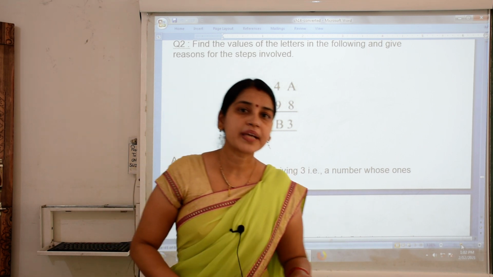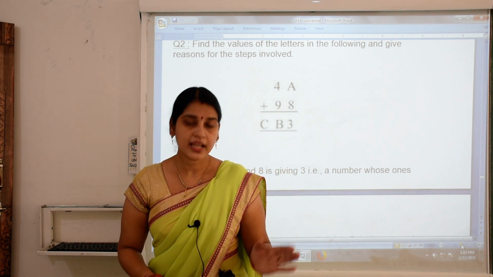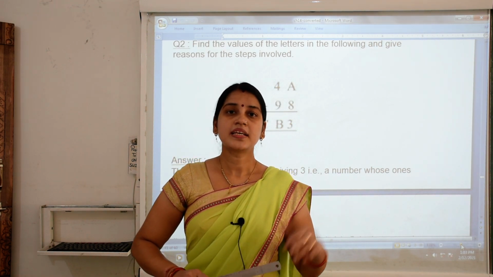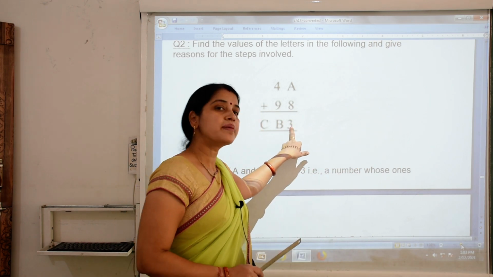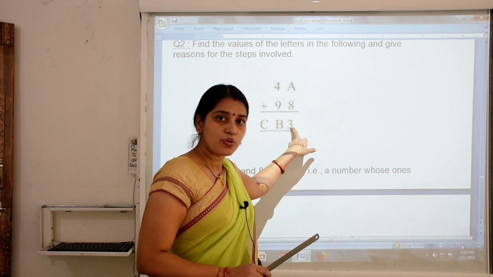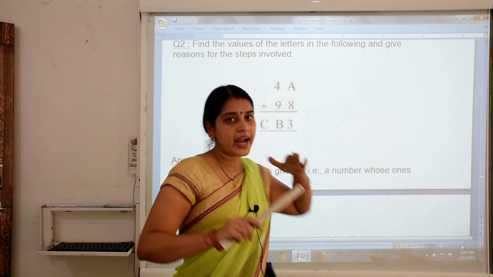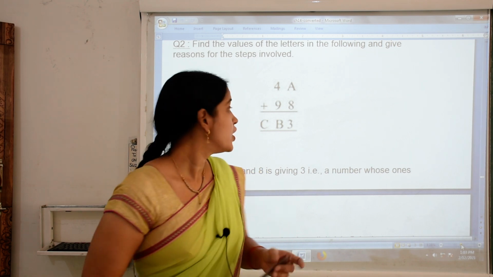What will you add to 8 so that you get 3? Again it is not possible because 3 is smaller than 8. It means we have to take a 2-digit number, which is 13, whose last digit is 3. What do you have to add to 8 to get 13?